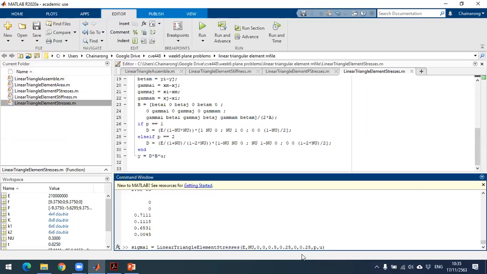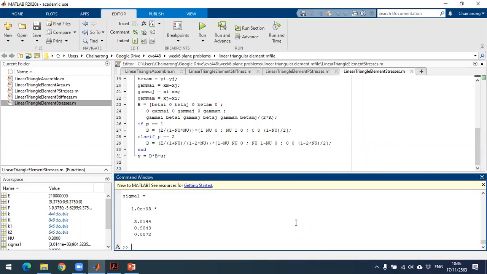Okay, it's correct. And then E for plane stress is 1. U is U1. Then we obtain sigma, that is the stress. The stress is distributed in the element, and you see that it is uniform. It's not necessary to use the shape function again because the stress is constant over the area of the element.